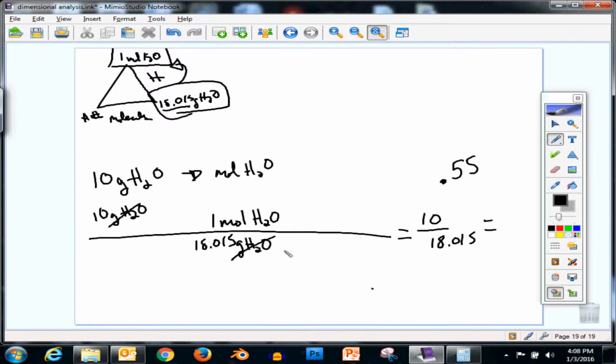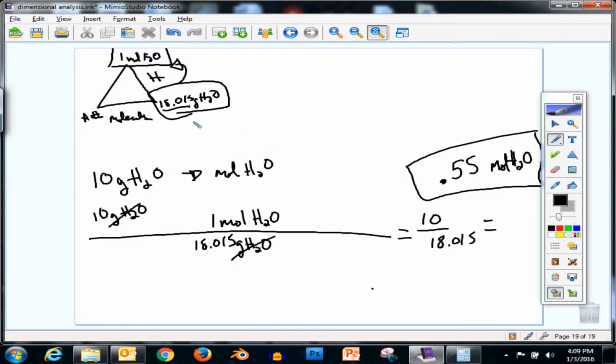Is that about right? 10 is about half, so yes, that's right. I'm making sure my calculator's not messing up. 0.55. What are the units? Grams have canceled, and now it's 0.55 moles of H2O. And that would be your final answer.